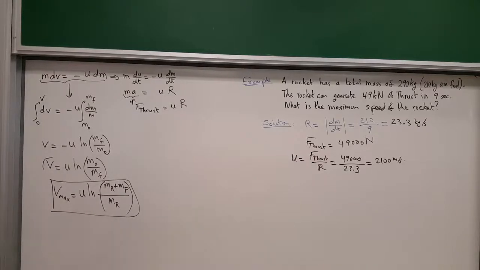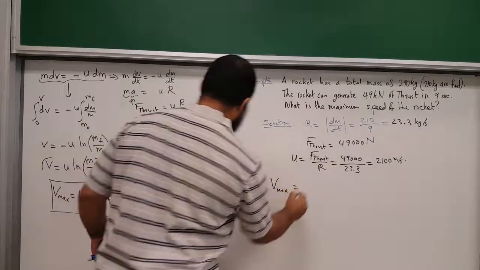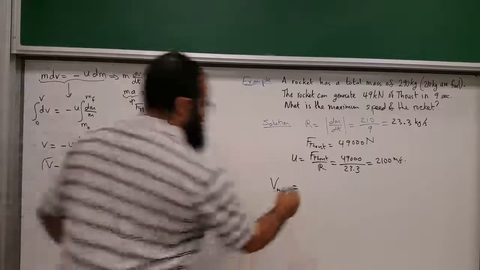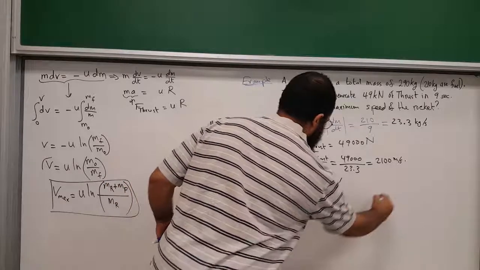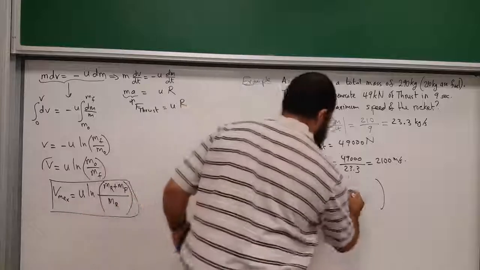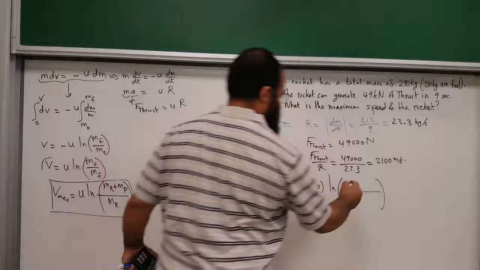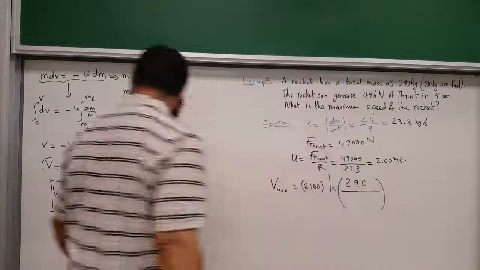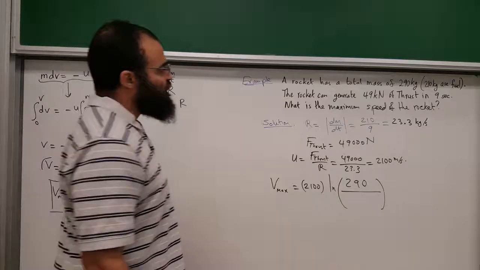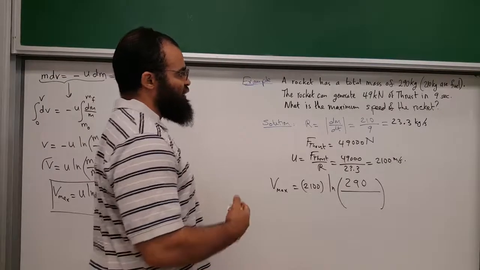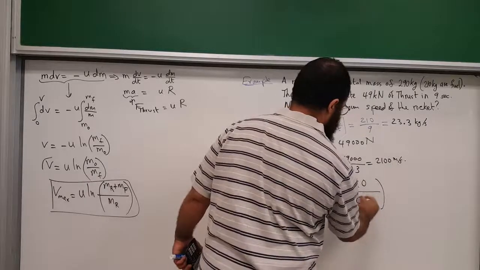Now v max will be u, which is 2,100, times the natural log of the mass of the rocket plus fuel, that's 290 kilograms, divided by the mass of the rocket when it's empty. The fuel is 210 and when it's full it's 290, so the rocket by itself is 80 kilograms.